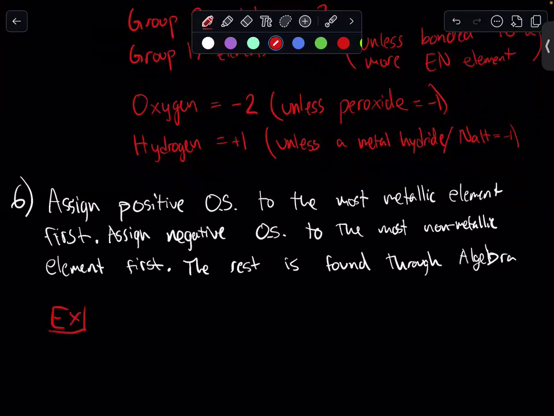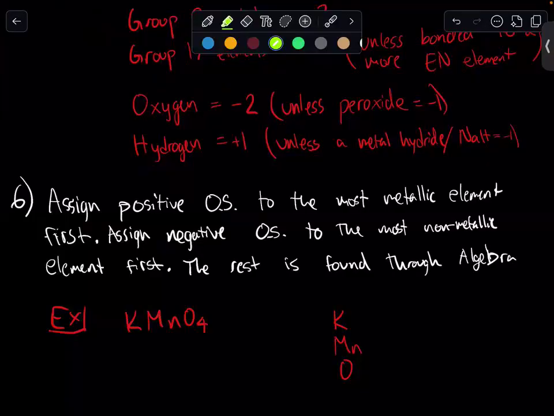If we look at the compound potassium permanganate, KMnO4, how do we figure out the oxidation state of the potassium, the manganese, and the oxygen? The first thing we have to look at is the compound is neutral.